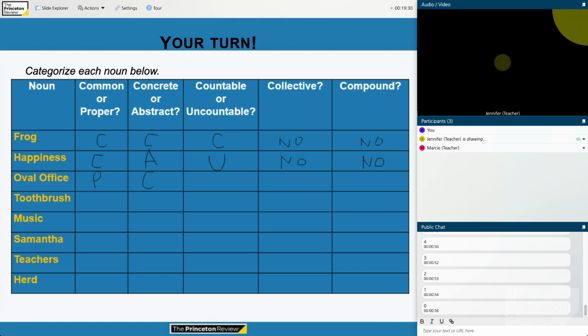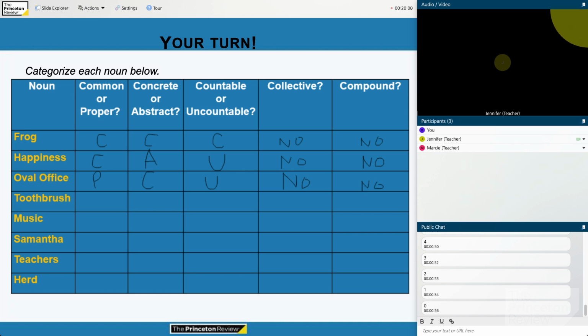But you can't count it because there's only one. It's not collective, because it's not referring to multiple things. And it's not compound either. It's just two words describing the one place, the Oval Office. There aren't multiple Oval Offices. You can have oval-shaped offices, but when you're talking about the one in the White House, it's just one specific one.